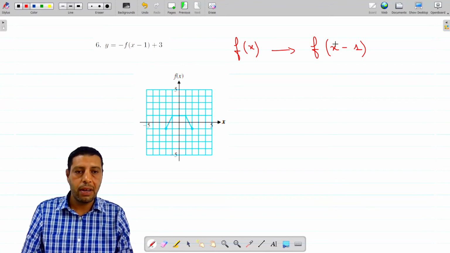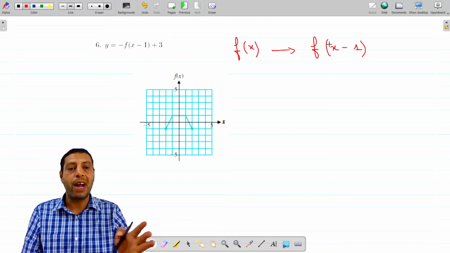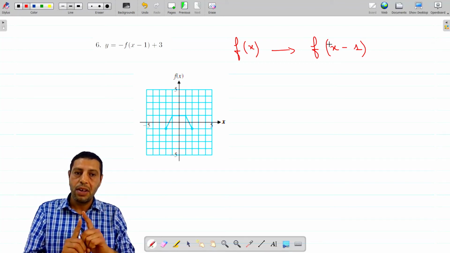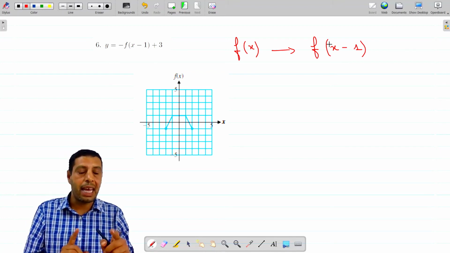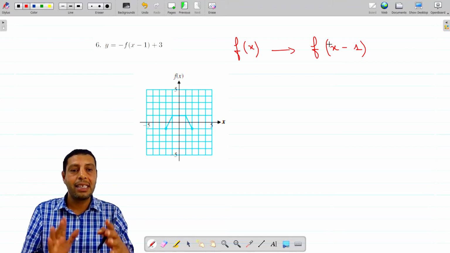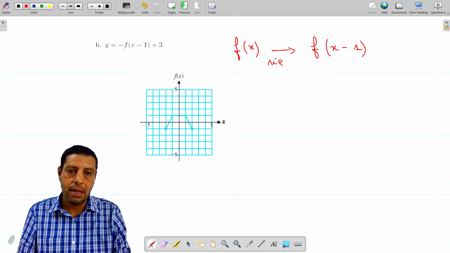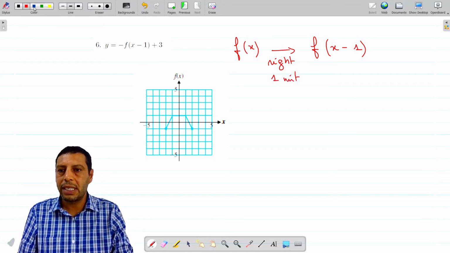So first of all, you subtract 1 from x, which corresponds to a shift right, okay? Remember that when it's f of x plus a, it's a shift left, okay? When it's f of x minus a, with a positive, of course, it's a shift right. So here, it's right 1 unit, okay?